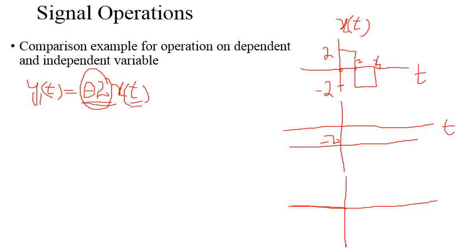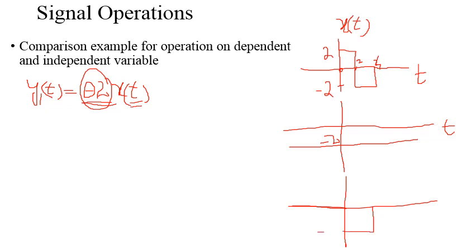So that means 2 multiplied by minus 2 will result into minus 4. So the value from 0 up to 2 will be minus 4. Why? Because from 0 to 2, this one is 2, and this one is minus 2. So minus 2 multiplied by plus 2 will result into minus 4. So that means we have this thing, right?